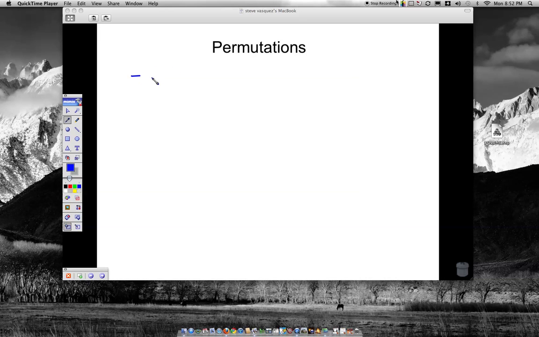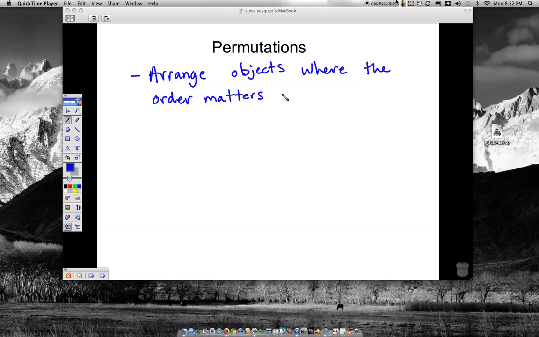And that situation is when you need to arrange objects where the order matters and there is no repetition of objects.